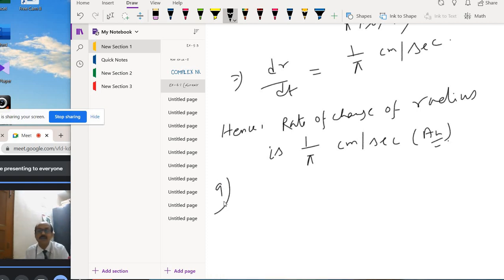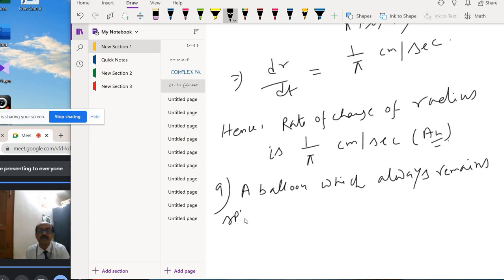A balloon which always remains spherical has a variable radius. That means radius is changing, not fixed.